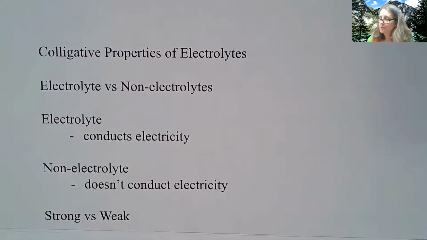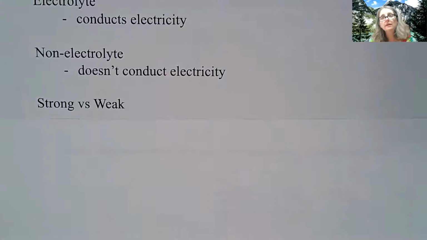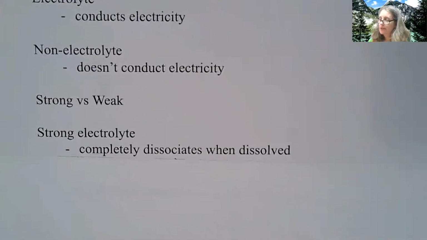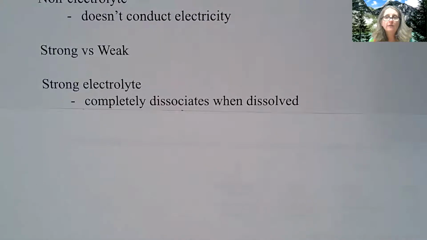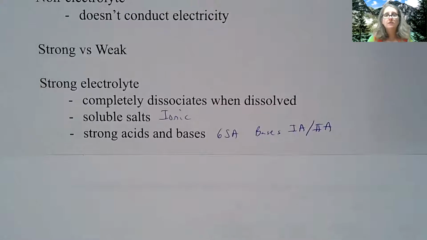To be more specific, you are going to have to distinguish between strong versus weak electrolytes. Strong electrolytes completely dissociate when dissolved, so they have a van't Hoff factor greater than 1. We are mostly dealing with ionic salts or soluble salts.